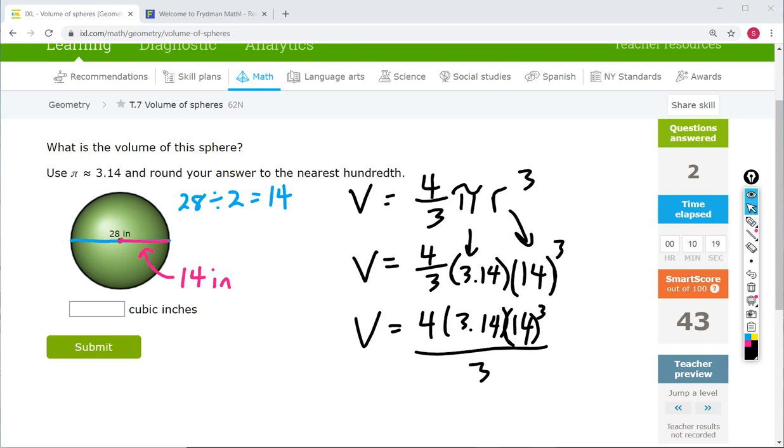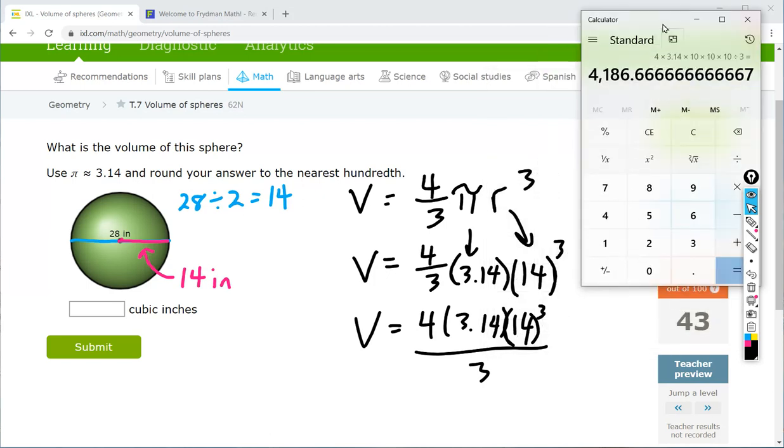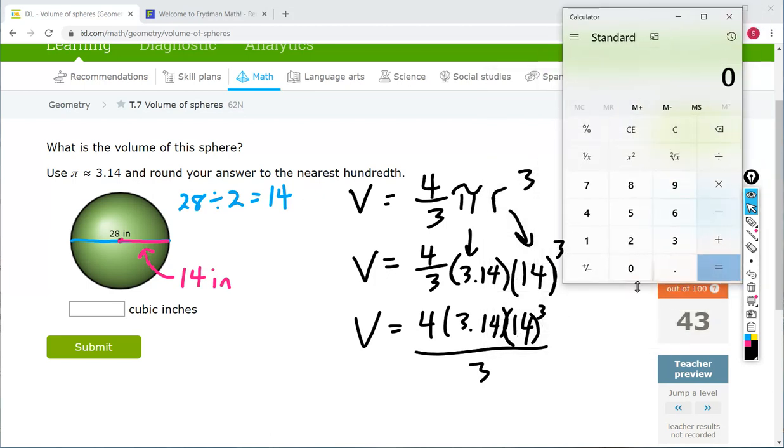So now we're going to plug that in to the calculator. 4 times 3.14 times 14 times 14 times 14 equals that, divided by 3 equals that.